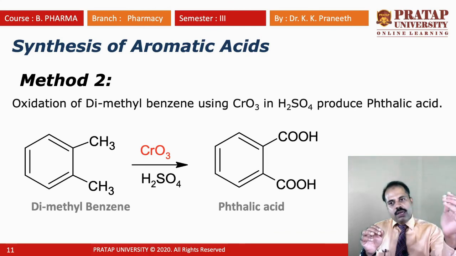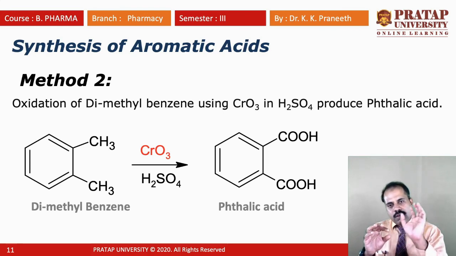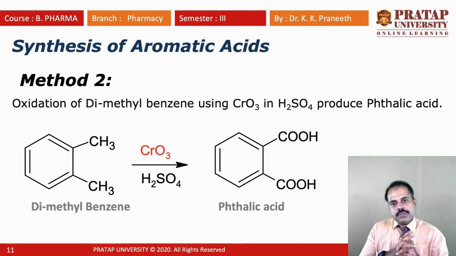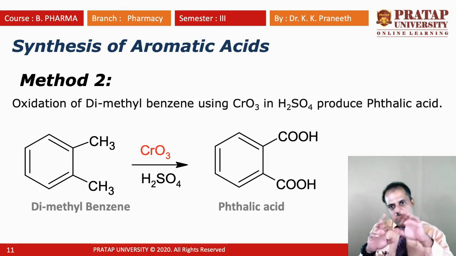If you attach an electron donating group, the acidity will be decreased because the carboxylate is not stabilized. On the other hand, if you attach an electron withdrawing group, the acidity will be increased because the carboxylate ion, the benzoate ion, is stabilized because of the electron withdrawing power of the group.